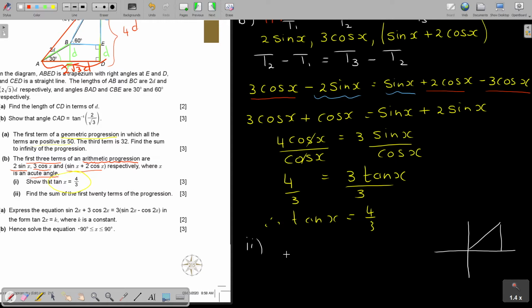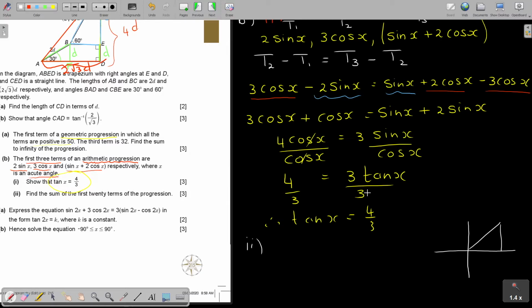So to get that x, you're just going to press on your calculator shift tan bracket 4 divided by 3. Okay, so let's just do that. Shift tan, make sure it's on degrees. Mine was not.